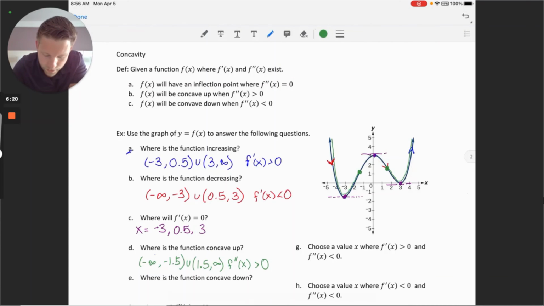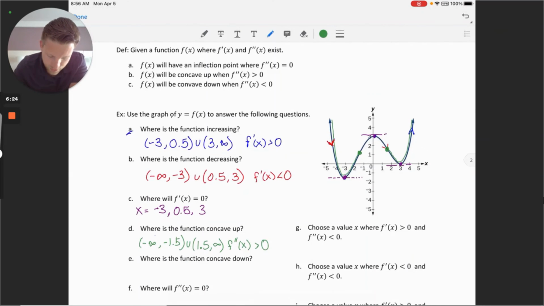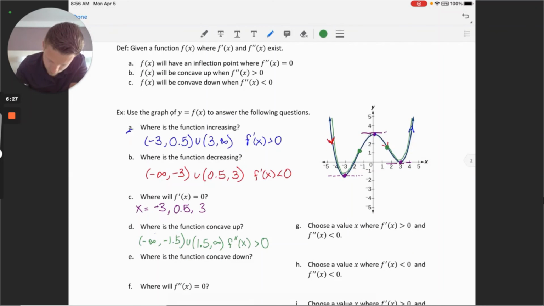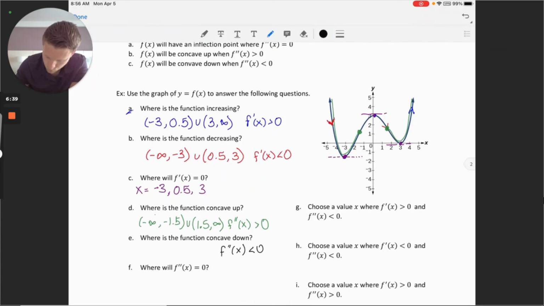This leaves us one interval where we are going to be concave down. So concave down again means that our second derivative is less than 0. And so we'll take a look at those. That would be the inner interval here, negative 1.5 to 1.5, highlighted right here.